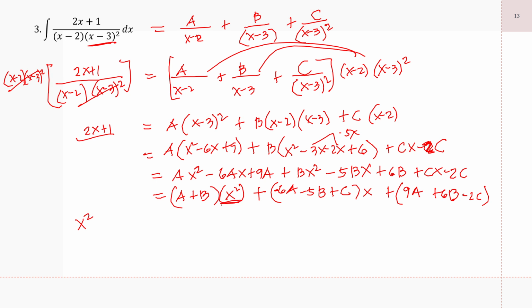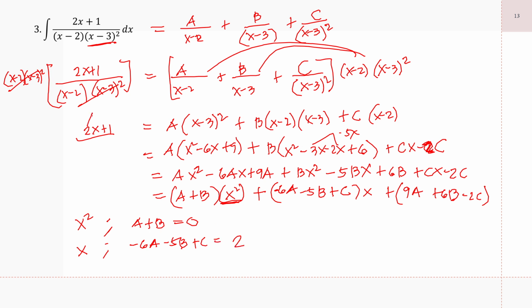So equate now. Since there is no x squared term on the left, a plus b becomes 0. For x, negative 6a minus 5b plus c is equal to 2.